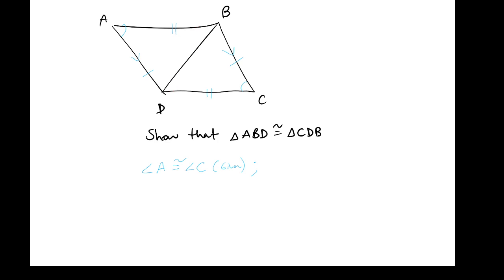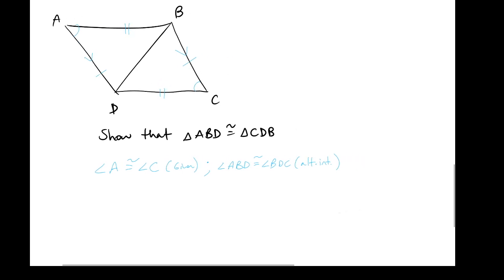So that angle, which is ABD, is congruent to angle BDC. And the reason why is because with those parallels and that transversal BD, we have created alternate interior angles.